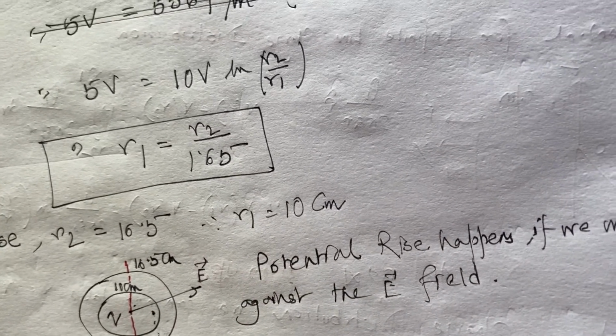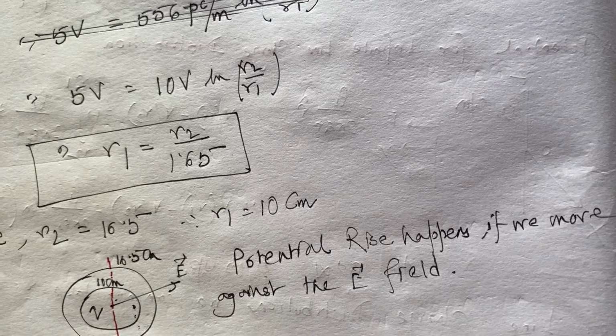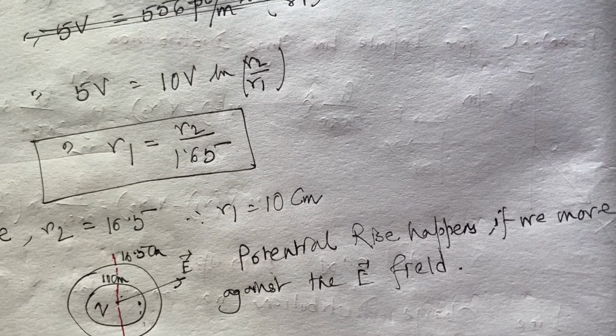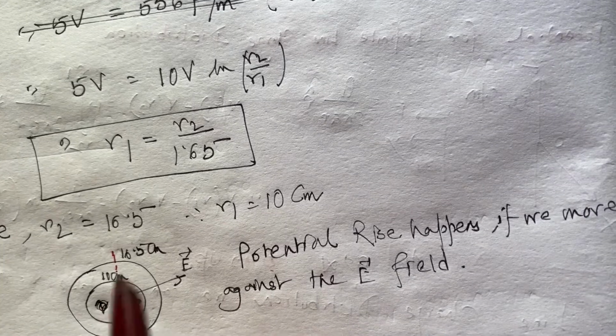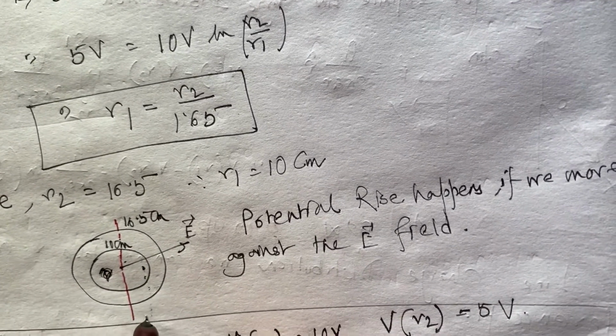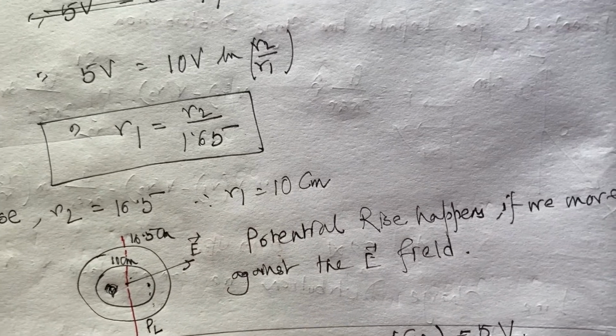Let us draw some other equipotential surfaces for this charge. I should write this as rho L. I can't write this as Q because it is a line charge, so I must write rho L, the line charge density.